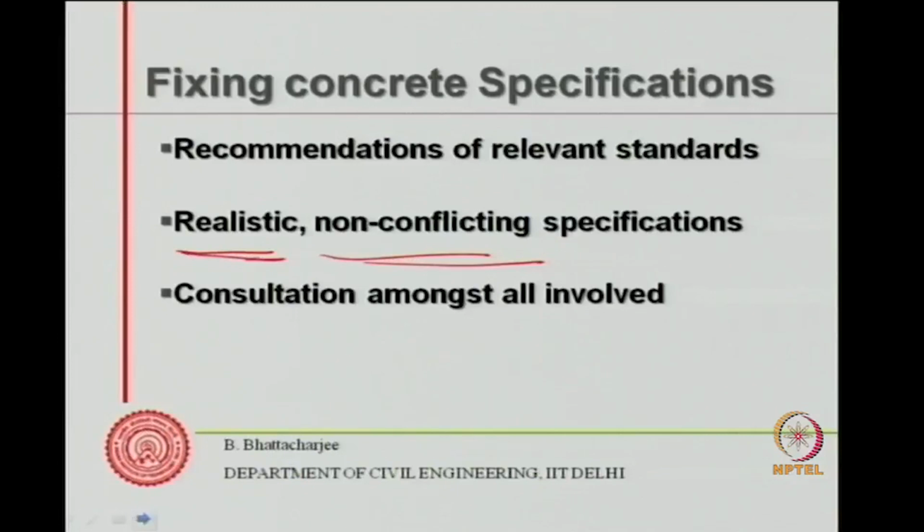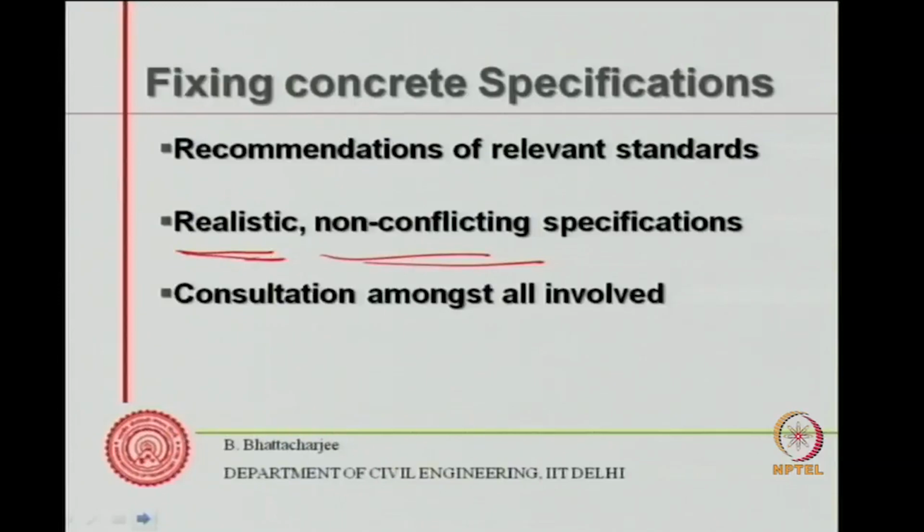Guidelines of the codes are usually taken, the relevant standards and code, and then it must be discussed with all parties involved before fixing the specification. Let us say the contractor, the group which will actually be doing the job at the site, the execution of the construction work, the designer, and depending upon the situation, sometimes even the owner may be involved if they are knowledgeable.